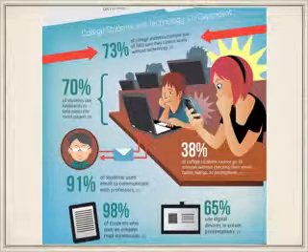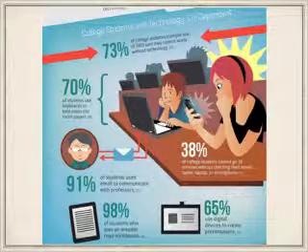This is a chart I found interesting as far as just some latest stats on college students and technology, how they're codependent. 73% of college students said they cannot study without technology. 70% of students use keyboards to take notes, no paper anymore.